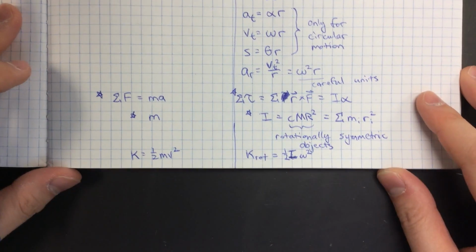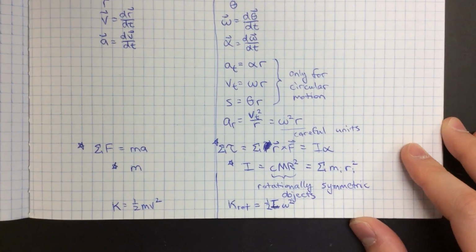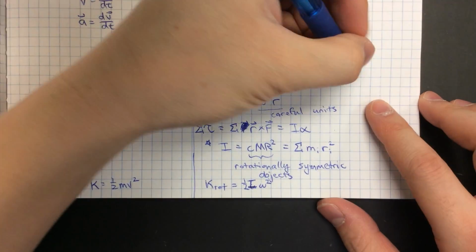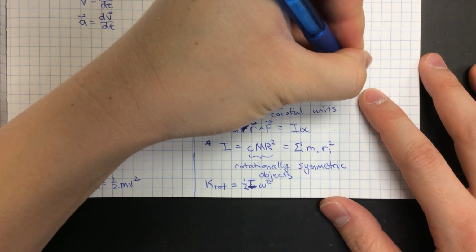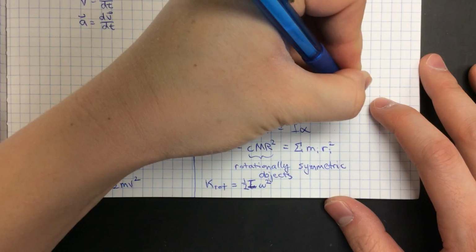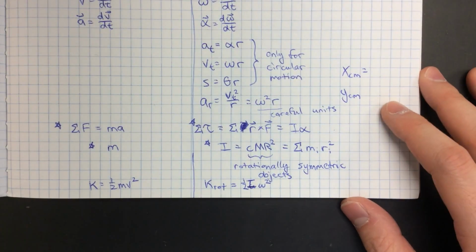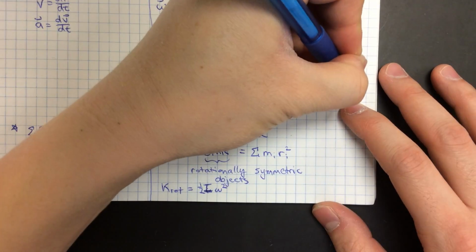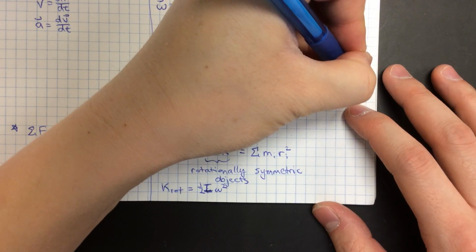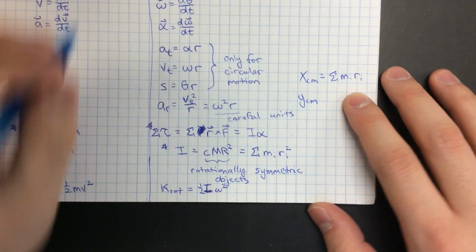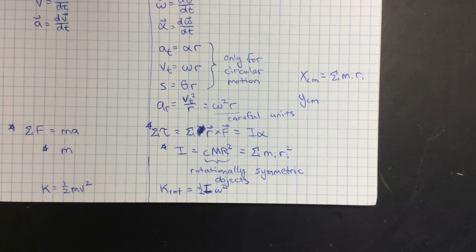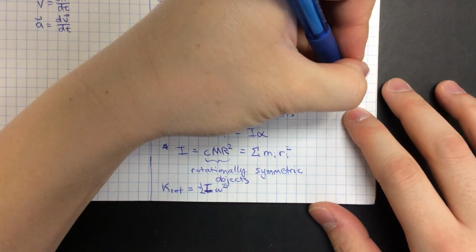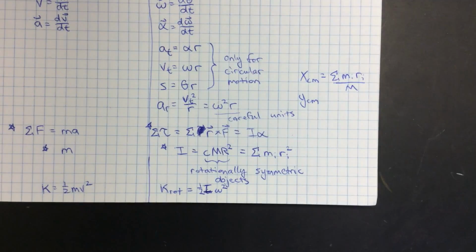Okay, there's one last one, and I kind of ran out of space. If you still have space, you can throw it in. It is, how do you calculate a center of mass? And that is the sum of the mass of a particular component, a piece of your object, times its position, divided by the total mass.